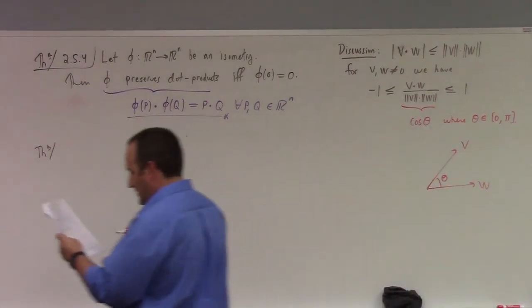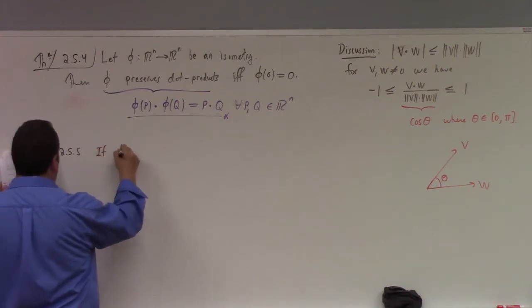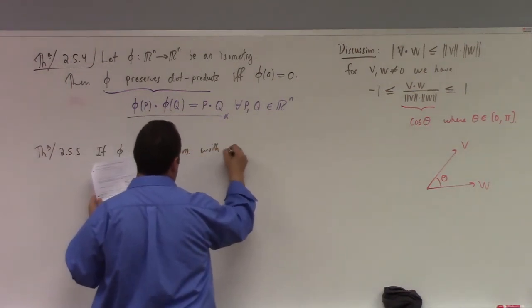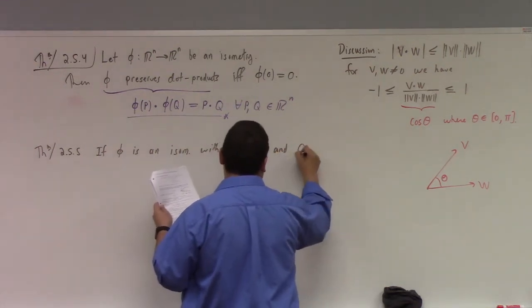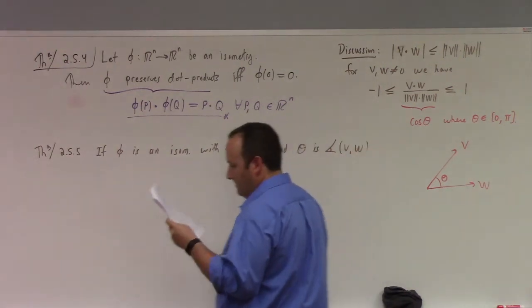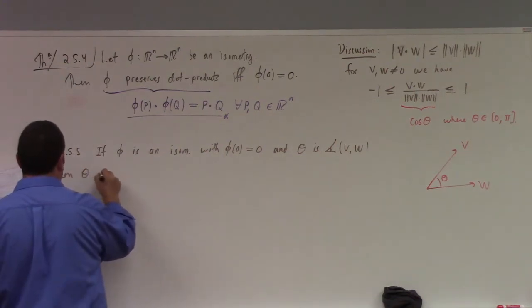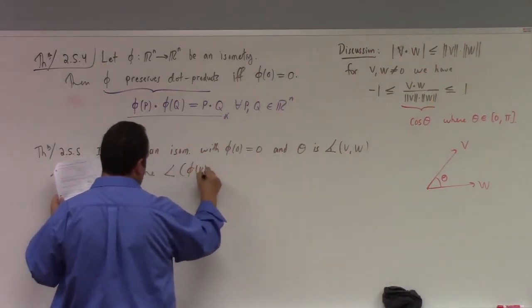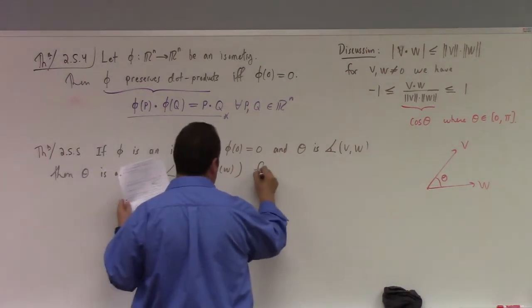Let's see here. Theorem 2.55 says if phi is an isometry with, and this is what's missing, phi of 0 equals 0, that's important, and theta is the angle between v and w, then theta is also the angle between phi of v and phi of w, for v, w not equal to 0.